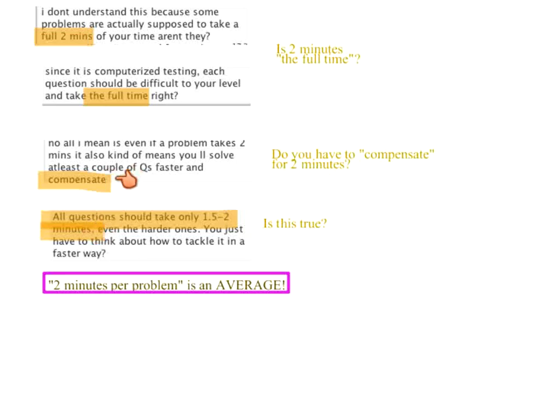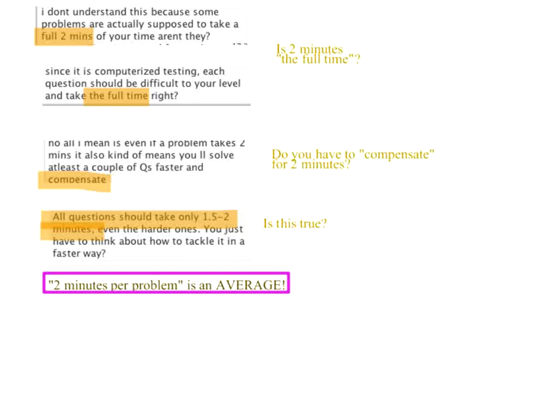Same thing with compensate. What you have to compensate for is if you take longer than average. But taking 2 minutes is the perfectly average length on a problem, so there's nothing to compensate for. So the point here is this. We're sort of running out of time here, so let me keep this short.